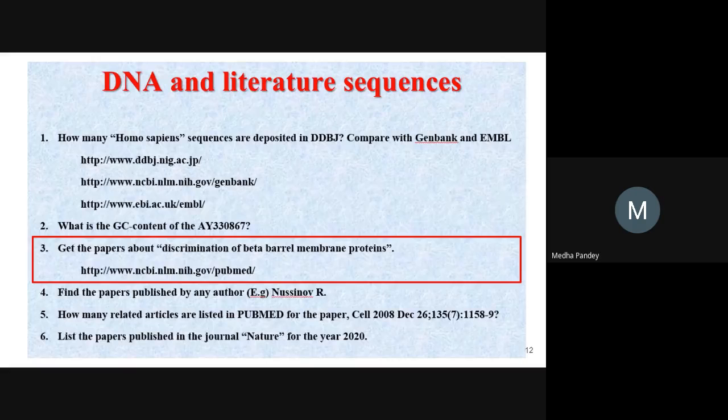Here we have given one search, which is about description of beta barrel membrane proteins. You already know that you get the information of all literature from PubMed. So you can open PubMed in your browser, and I'll share the keyword search which you have to search there in PubMed.